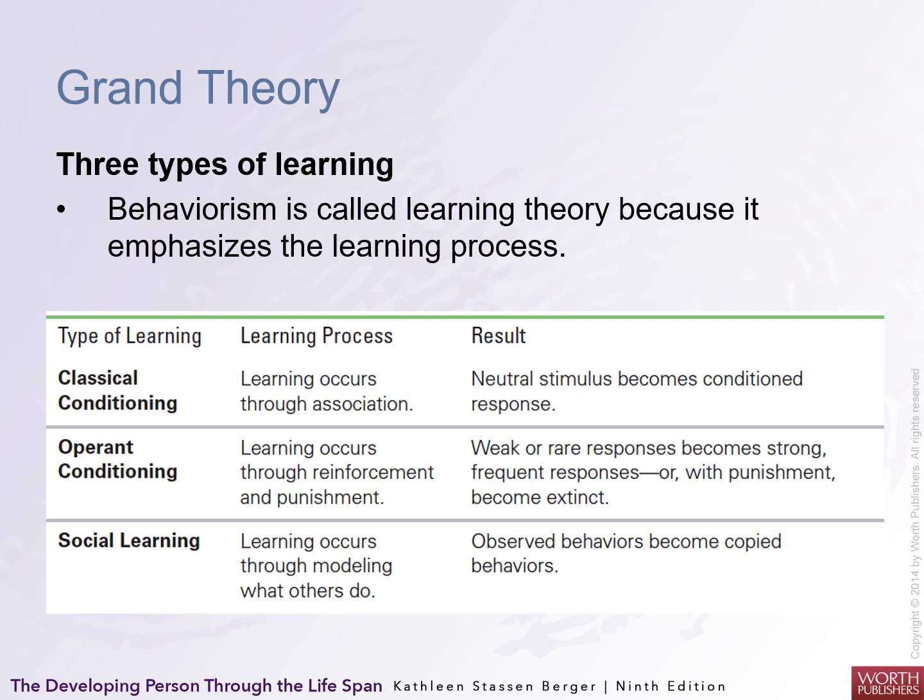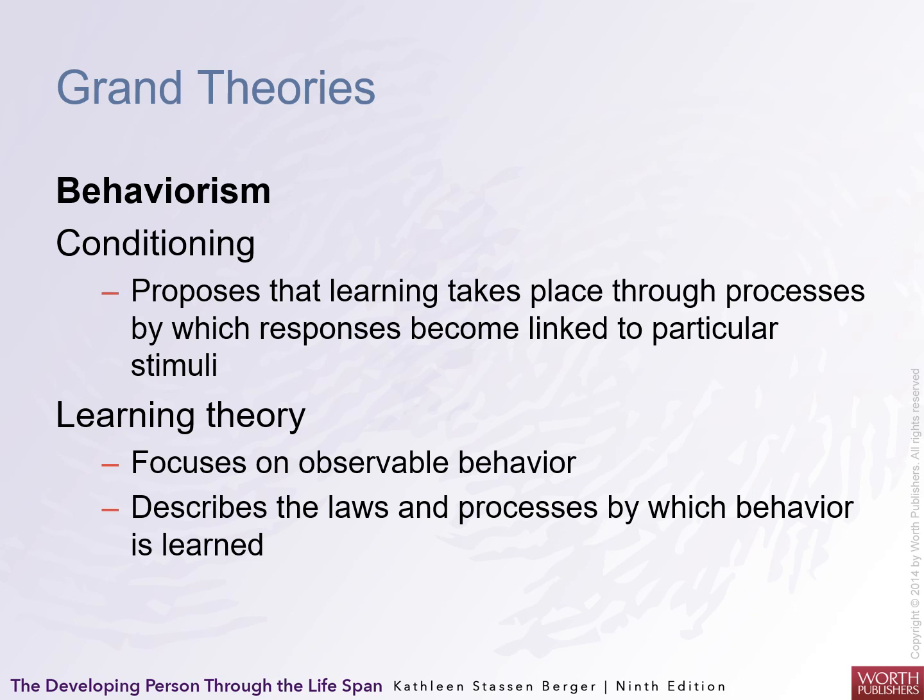And social learning theory, the brainchild of Albert Bandura at Stanford, basically says that people learn through modeling, watching other people do things. Learning how to speak is a good example. So conditioning happens. It proposes that it takes place through the process by which responses are linked to particular stimuli. This, by the way, is unconscious as well.